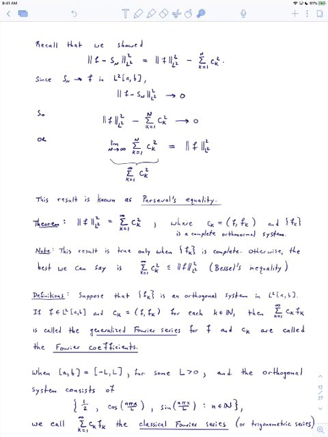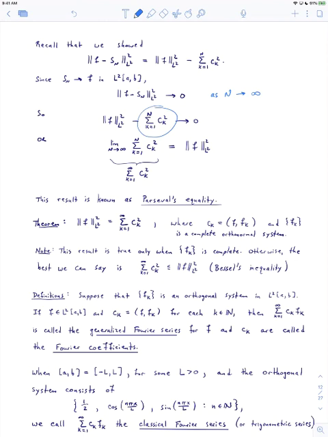Since we now know that Sn goes to f in L2, that means that this norm goes to 0 as capital N goes to infinity. So that means that this difference goes to 0.